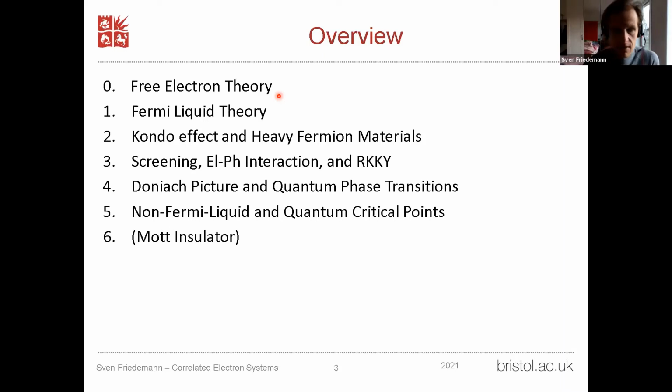I assume that you've had some solid state lectures. So I'll revise what we know about Drude theory, transport, Sommerfeld theory, transport and specific heat, and also what we know about magnetic properties like the Pauli susceptibility in metals.